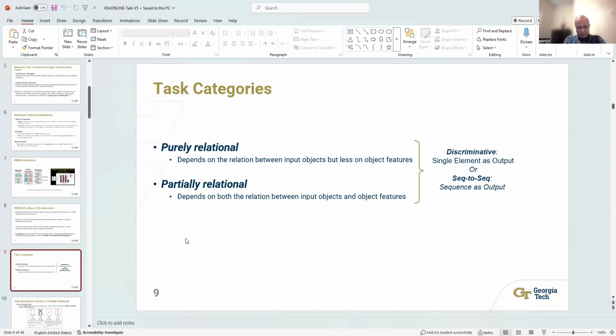While partially relational depends on both the object level features and the relation between the objects. Now, these 2 types of tasks could be either discriminative, meaning that we will have a single element as an output, or sequence to sequence, meaning that we will have a sequence as an output.